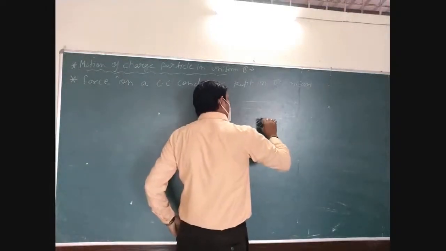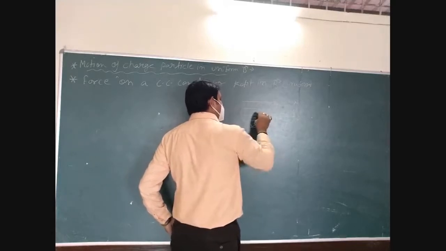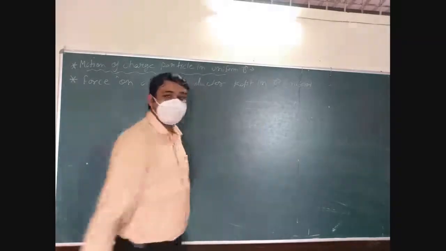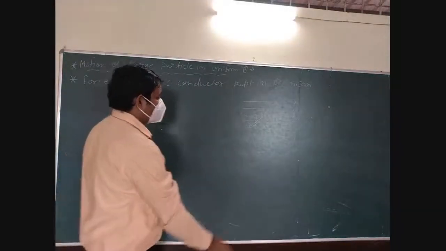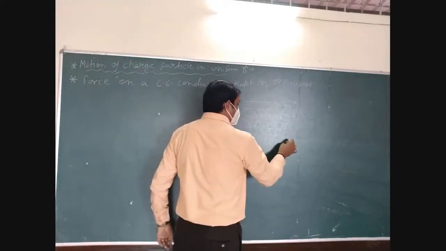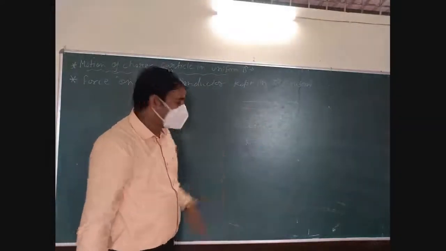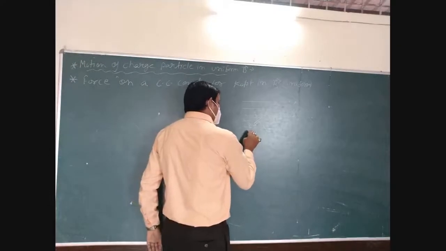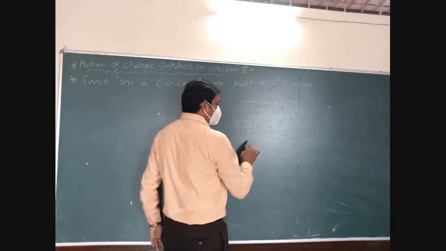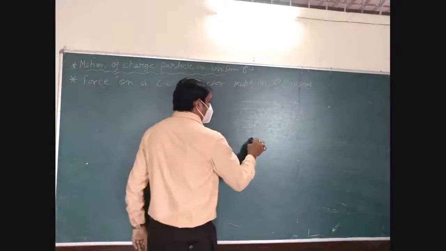Now we discuss this small length P to Q, which is DL and having current I. Earlier what we know, let's say this is point A and this is point B. This is kept in a magnetic field, and there is a charge which is moving with velocity v from point A to B in the magnetic field.